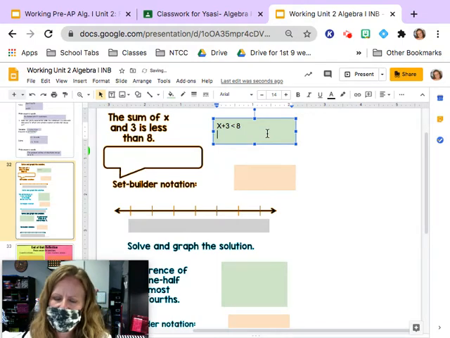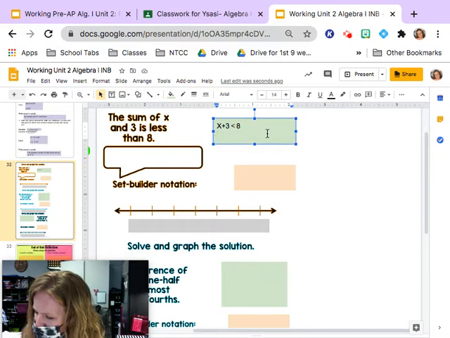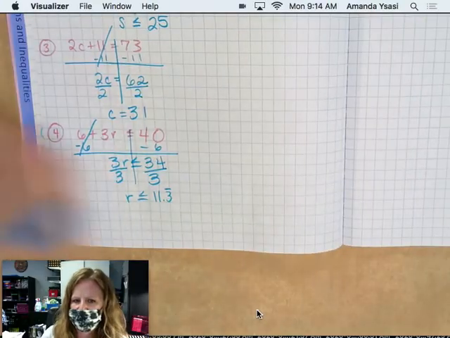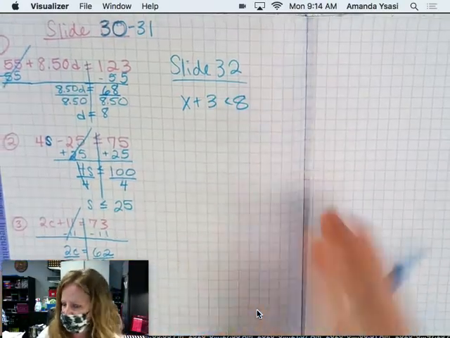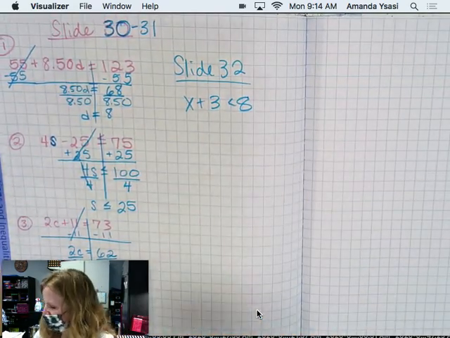When we solve it, we're going to subtract 3 on both sides. So x plus 3 is less than 8. This is actually pretty simple to solve because we just move the 3 over by subtracting.